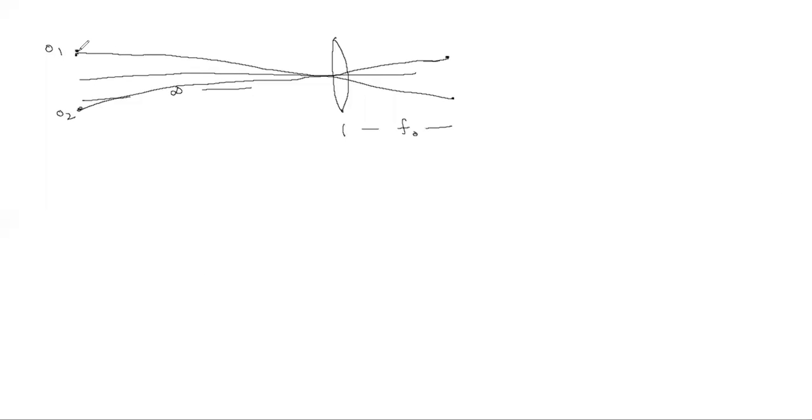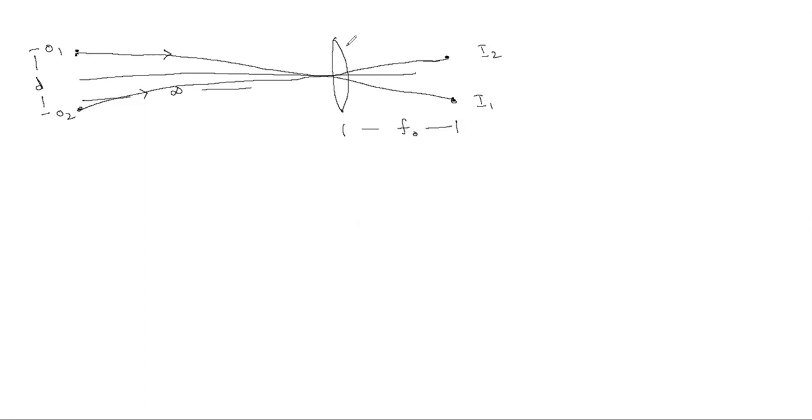For these two objects which are at a distance of say d, they form images on the other side, at a distance of f naught. These are the images I1 and I2. This is of O2, I2. This is of O1, I1, images formed. And this is the objective lens of the telescope. Here the problem is the light is passing through the lens.